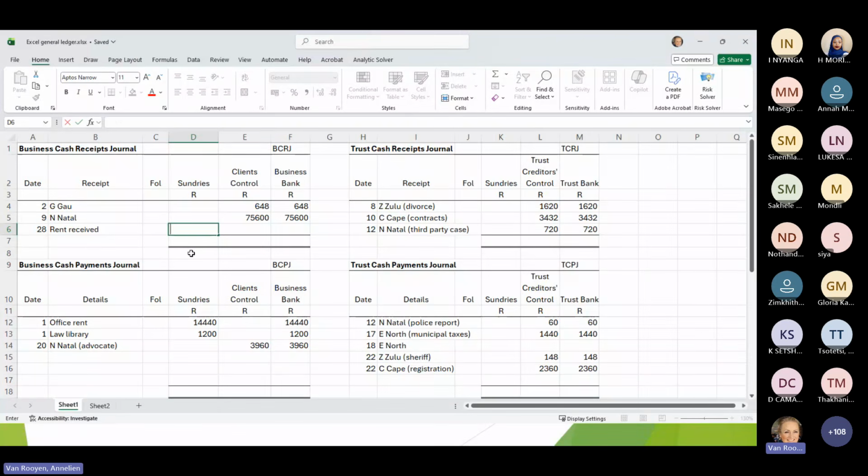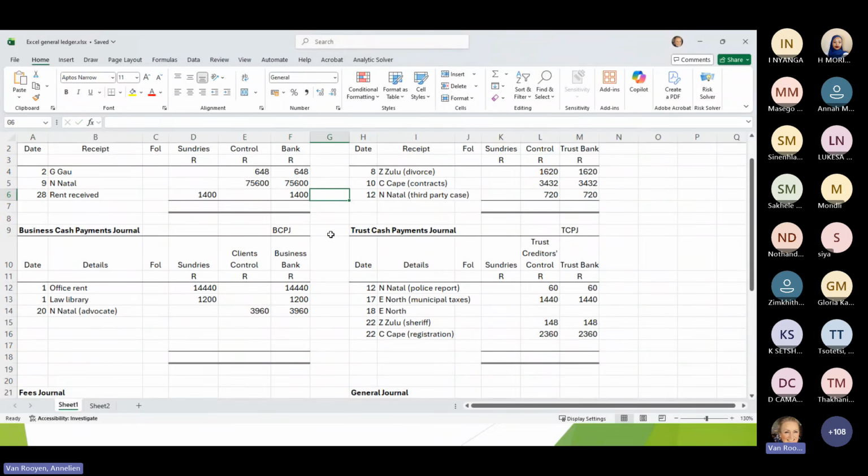Okay, processed EFT payments. That is quite clear. It must be cash payments, or wages. And stop me if you don't agree, if you don't understand. Water and electricity.